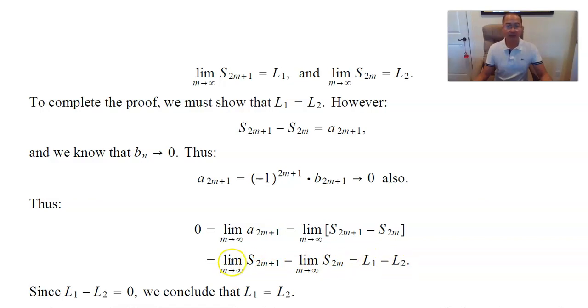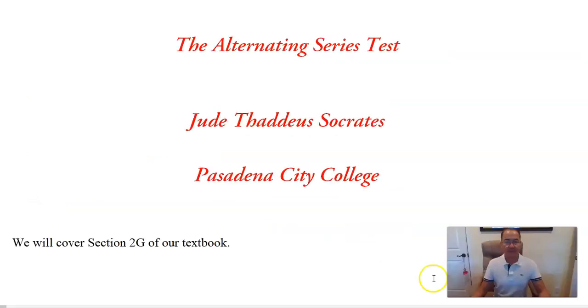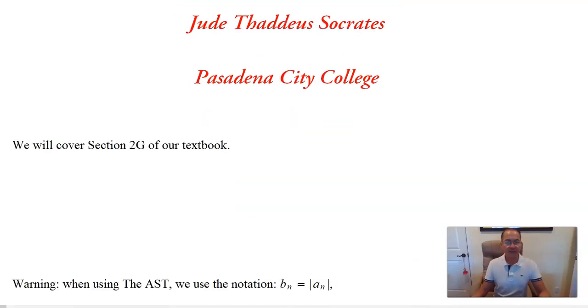So L1 minus L2 must be 0, the limit of a sub 2m plus 1. L1 must be equal to L2. All right, so therefore, both sequences of partial sums converge to the exact same limit. L1 and L2 are exactly the same. All right, let's go back to our workroom and look at a couple of examples.